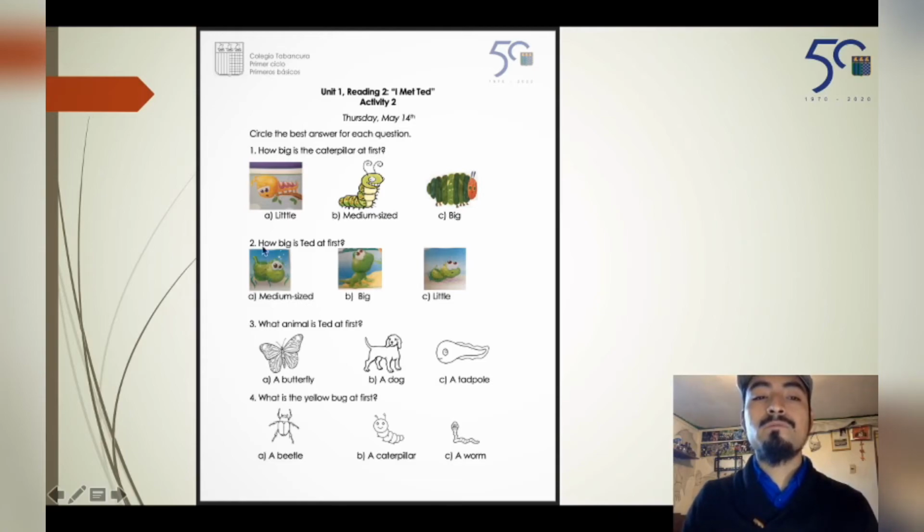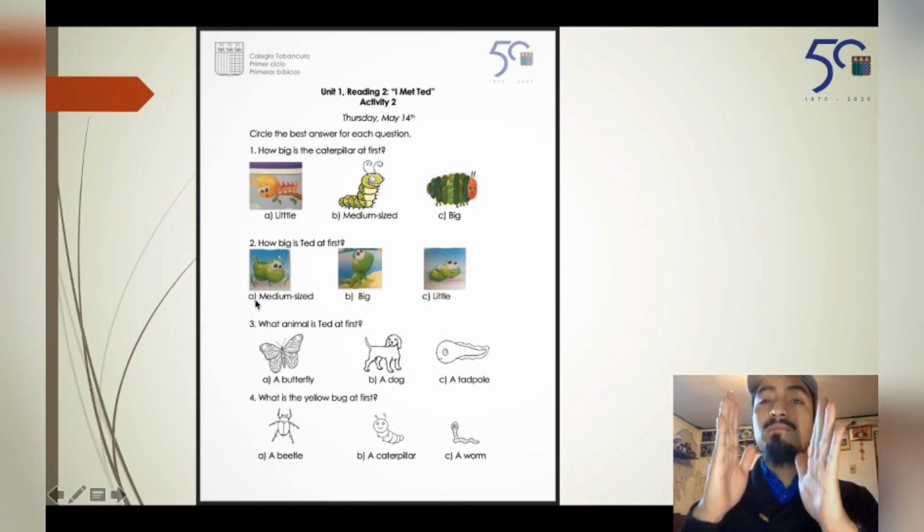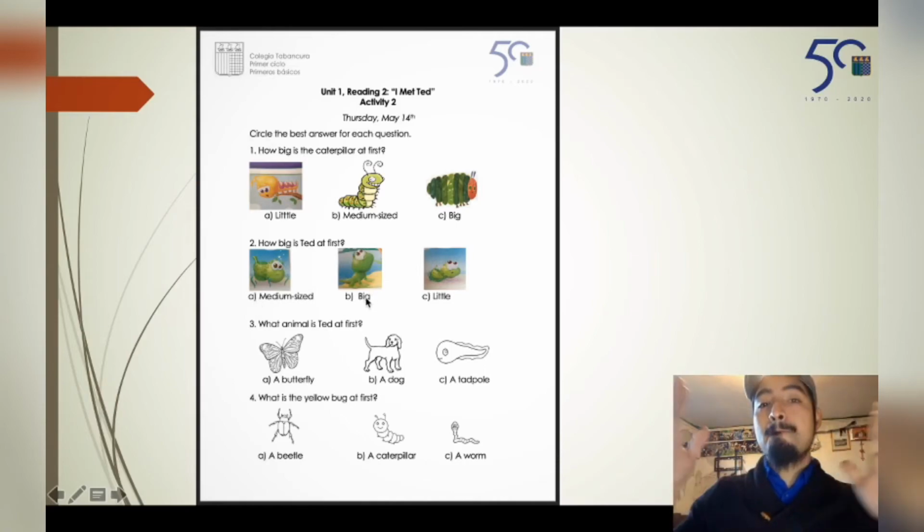Number 2, how big is Ted at first? How is it at the beginning of the story? A, medium size. B, big. C, little. Number 3, what animal is Ted at the beginning of the story, at first? A, a butterfly. B, a dog.